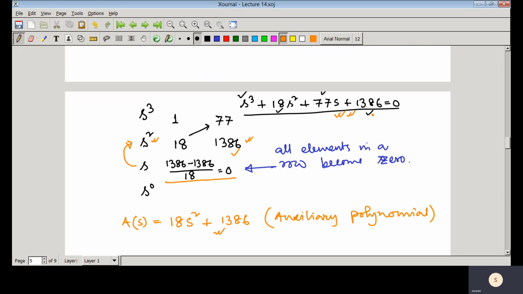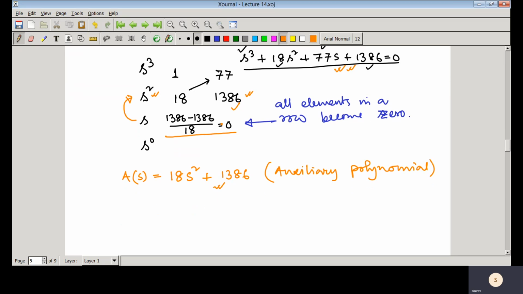So here you can see that this particular row becomes 0, then we need to go one step above and write one polynomial which is 18s square plus 1386, and it has that name, auxiliary polynomial.